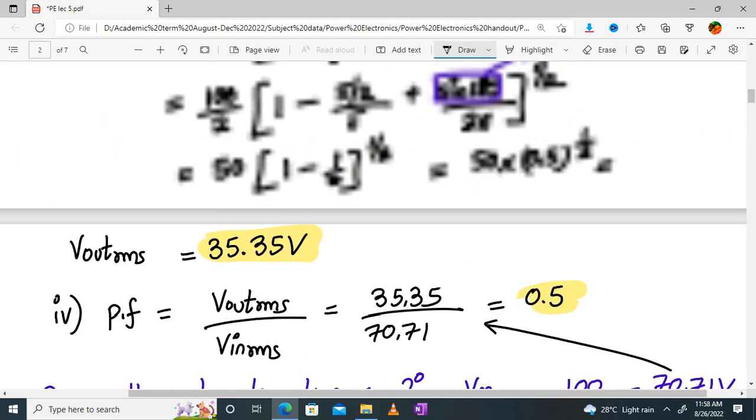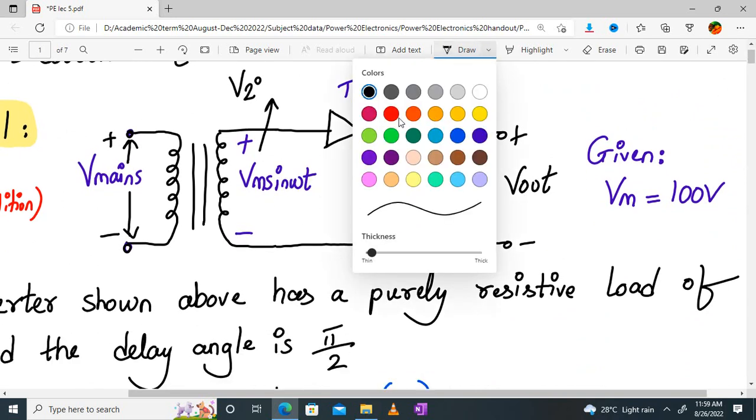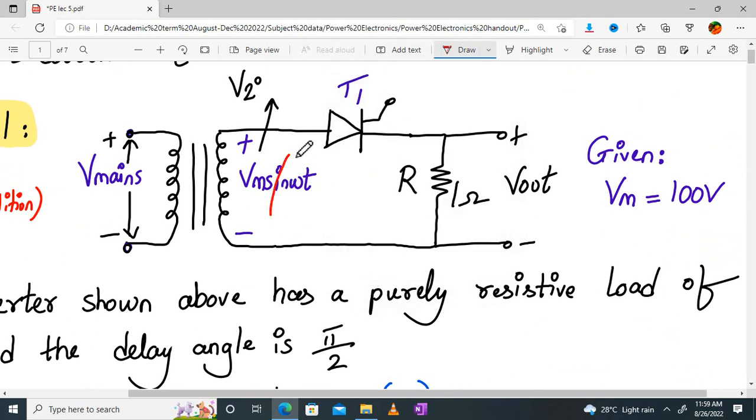Let's go back to the circuit. The current remains same throughout, right? Can I say this current over here flowing, this current I in RMS, is same as current flowing to the SCR, is same as I out RMS, because series है ना तीनों. Current is same, right?